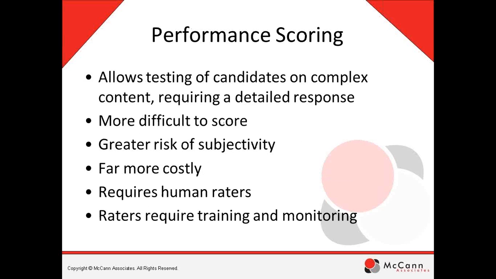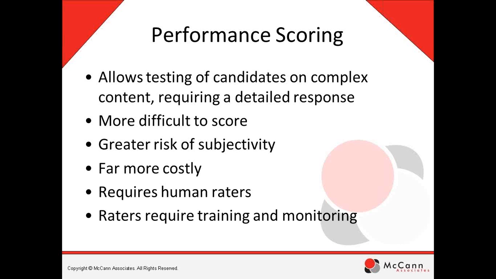The sort of scoring being conducted for the CCHI examination is referred to as performance scoring, which allows the testing of candidates on complex content requiring a detailed response. In the case of CCHI, the items require examinees to generate a response which is then scored by raters.